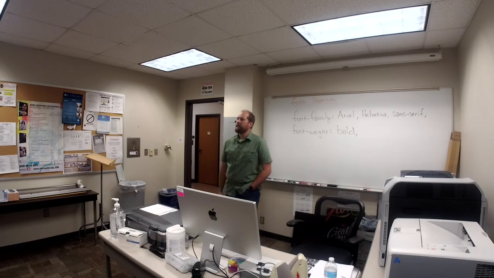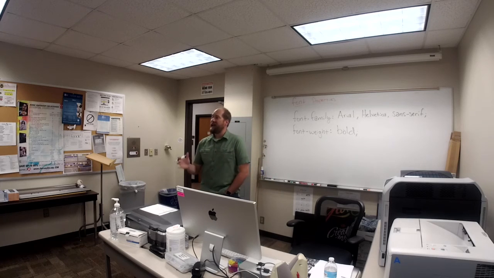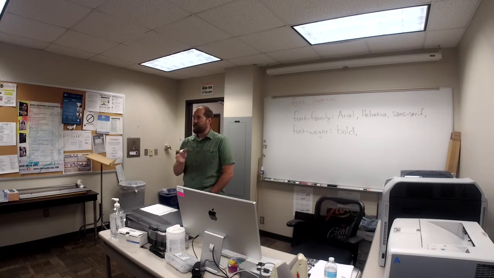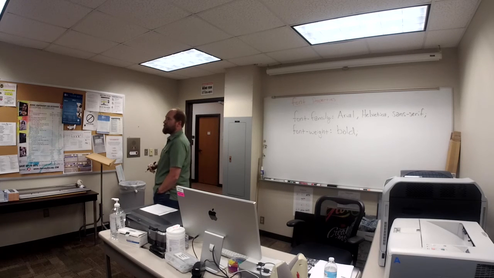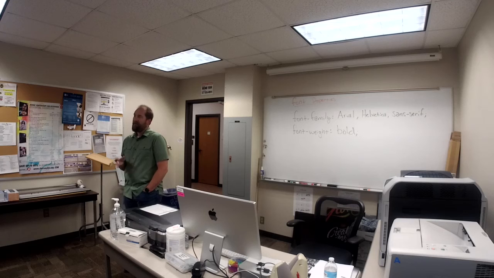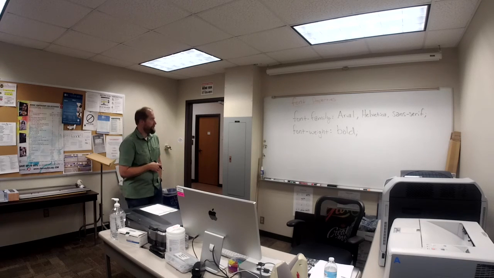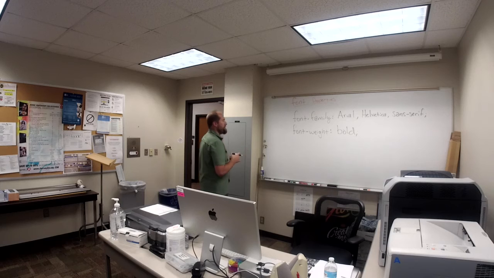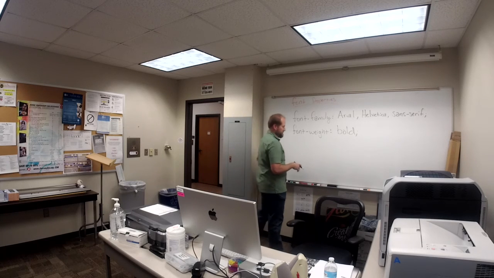By default, the font weight of every heading, H1, H2, H3, H4, H5, H6, is bold. That is the property that's applied by default to all headings. By default, a paragraph has a normal font weight.